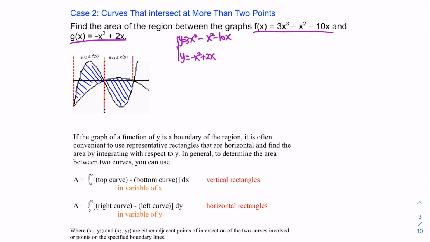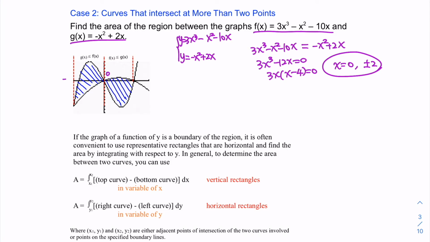When we set them equal, we solve for the x value. So x equals 0 and plus or minus 2.